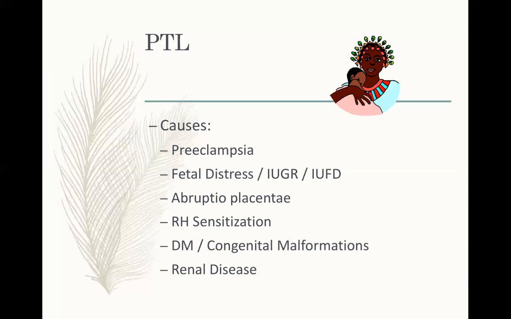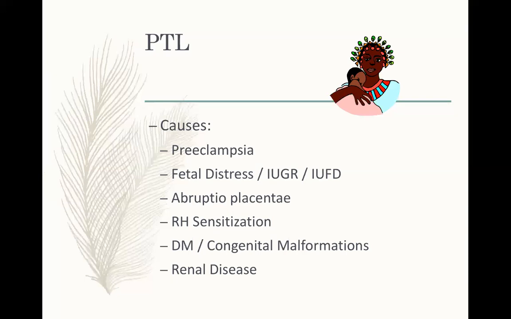So it's better to have the baby on the outside where we can manage those situations. And then in IUFD, if the baby passes in utero, we will deliver the baby after it has passed, regardless of how many weeks mom is.